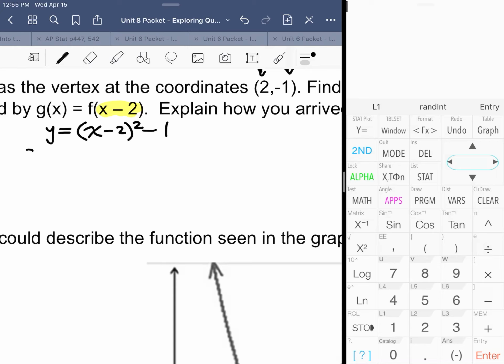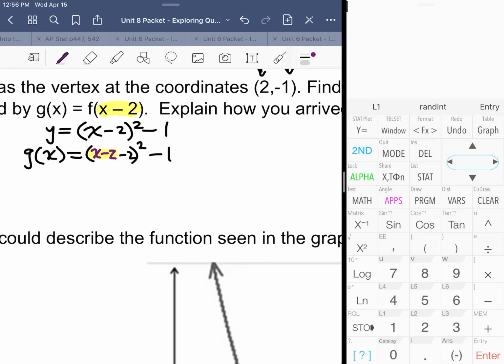G of x is going to replace that x, and I'll even rewrite it with a little highlighter here. It's going to replace that x with the x minus 2. And so I'm just going to chuck in a little x minus 2.